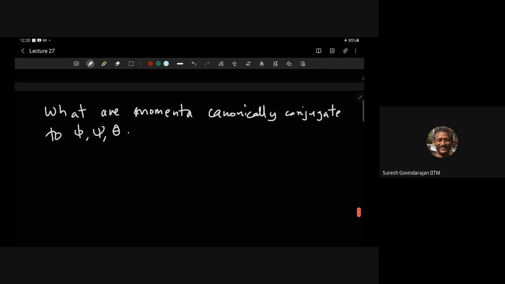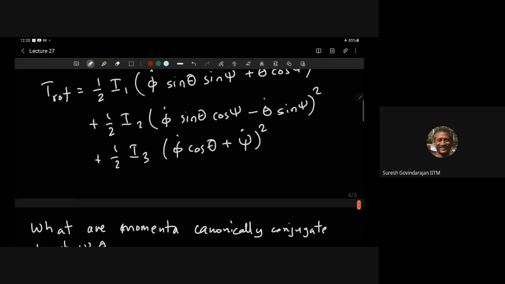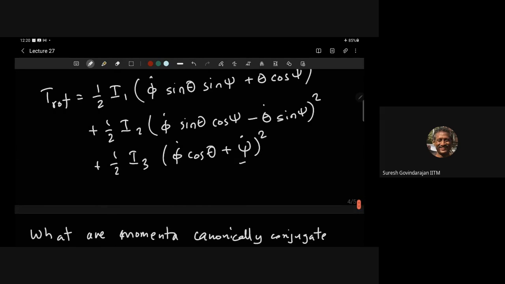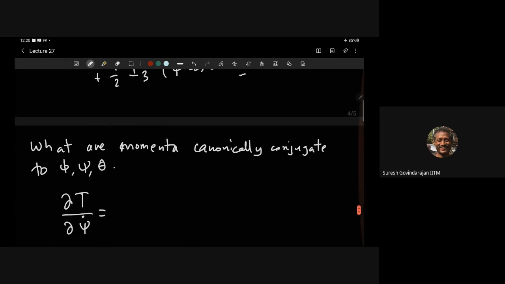Let us look at dT by d psi dot. You see psi dot appears only here, so we get I3 times (phi dot cos theta plus psi dot). And this is just I3 omega 3.